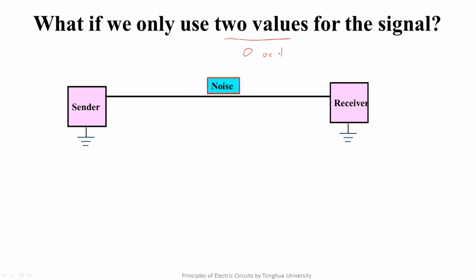If the signal is less than 2.5 volts, the sender sends value 0. While if the signal is larger than 2.5 volts, the sender sends value 1. If the sender sends a signal sequence 0, 1, 0, the waveforms may be like this.